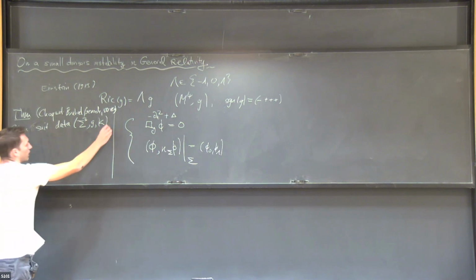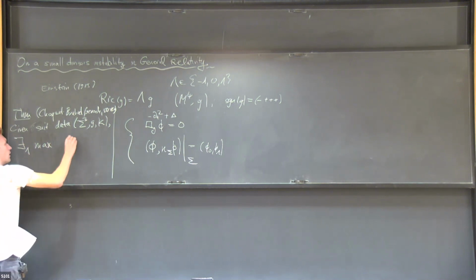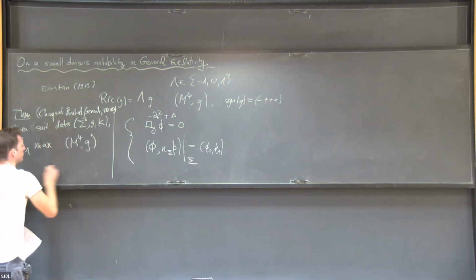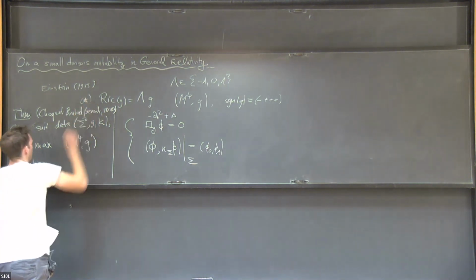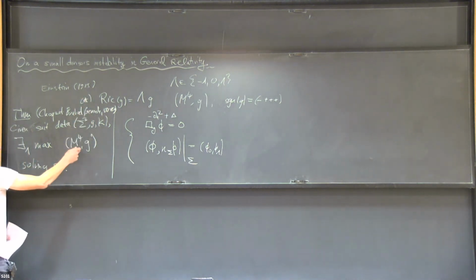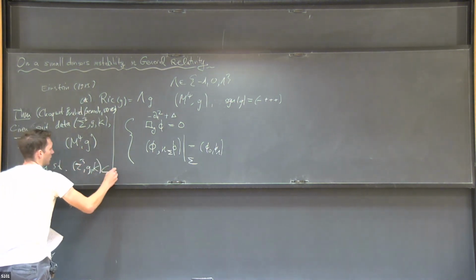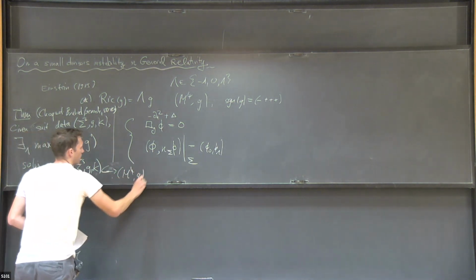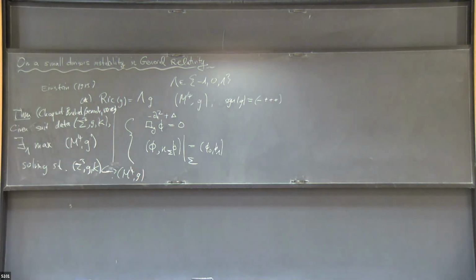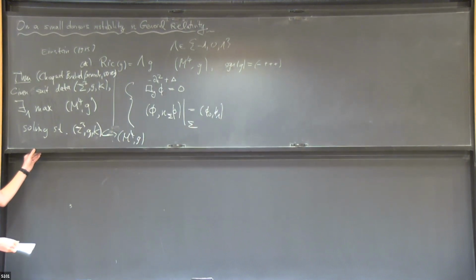For suitable such data, there exists a unique maximal space-time (M, g) solving this equation, the star equation. And of course we want that this initial data embeds into M^4. That theorem gives you the well-posedness theorem of general relativity. This also solves the question of local existence and local uniqueness.